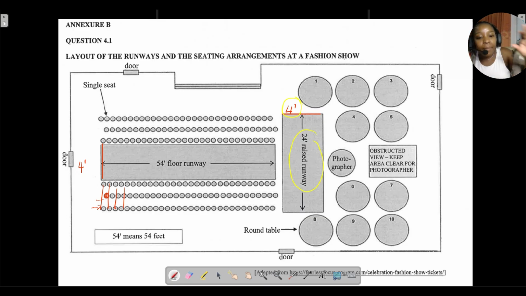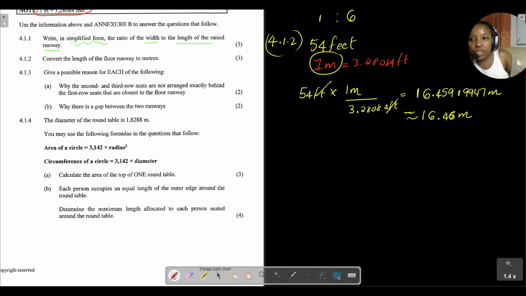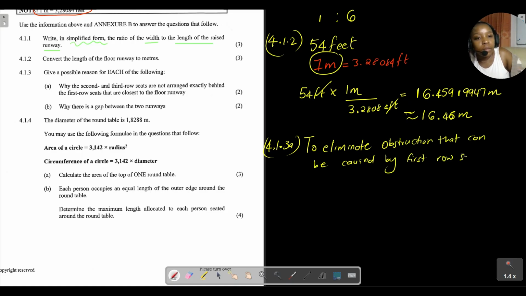So to eliminate the obstruction that could be caused by the front row spectators. Let's write that down. Question 4.1.3a: to eliminate obstruction that can be caused by first row seaters or spectators.